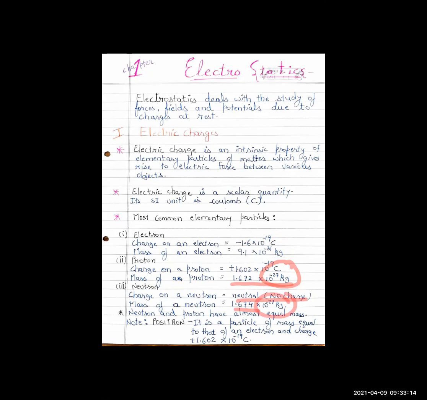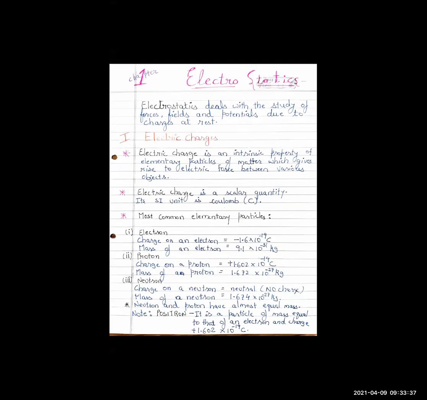Okay, and similar to this, we have one more particle, that is positron. So the word positron itself tells you that it is positive, right? And it has the same mass and the same charge as possessed by an electron, but its polarity, its sign, is positive. So that is your positron.